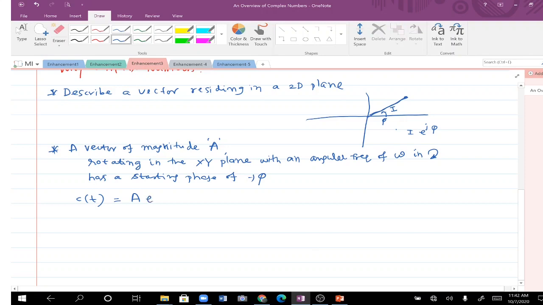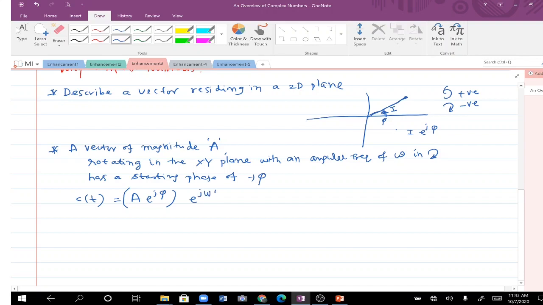So A times e power j phi is your initial value. Notice here we are considering anti-clockwise as positive, so obviously clockwise would be negative for us, and it is rotating at an angular frequency of omega over time.